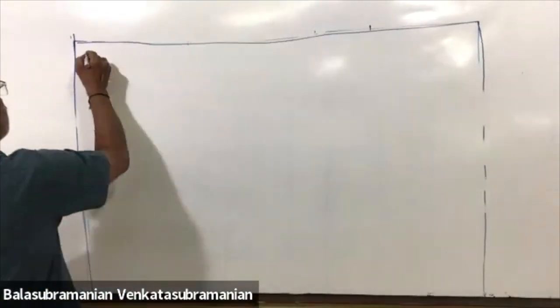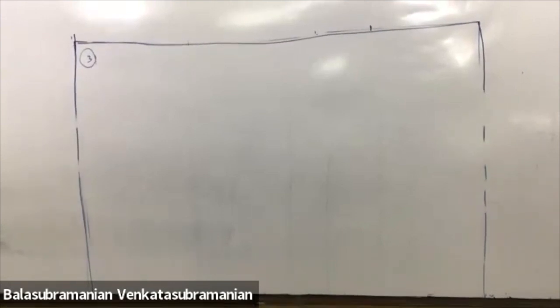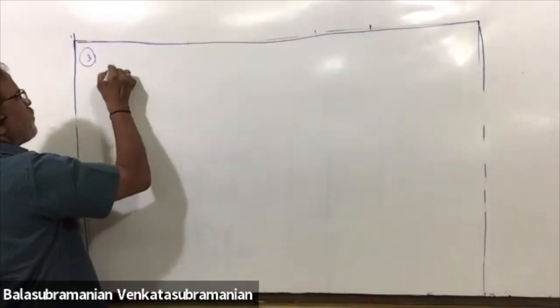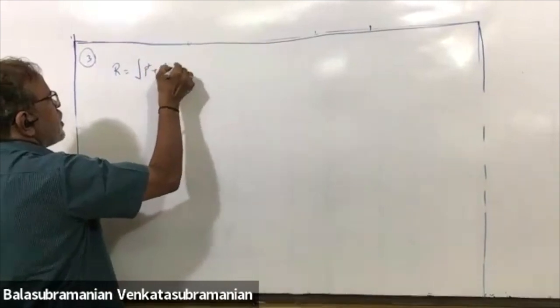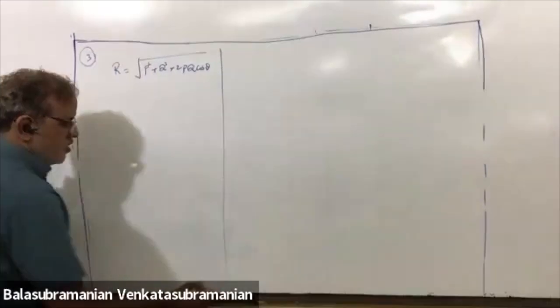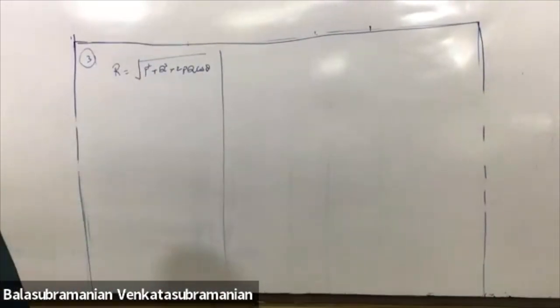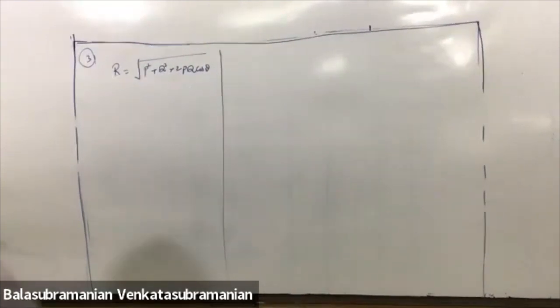Third problem: two equal forces have the resultant equal to either. What is the angle of inclination? The basic formula for resultant is root of P square plus Q square plus 2PQ cos theta. Here the resultant is equal to either of the two equal forces.